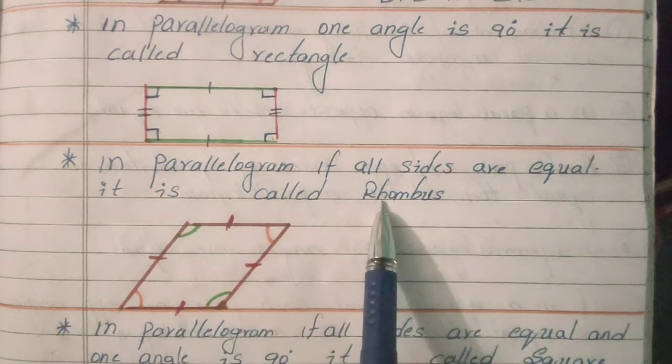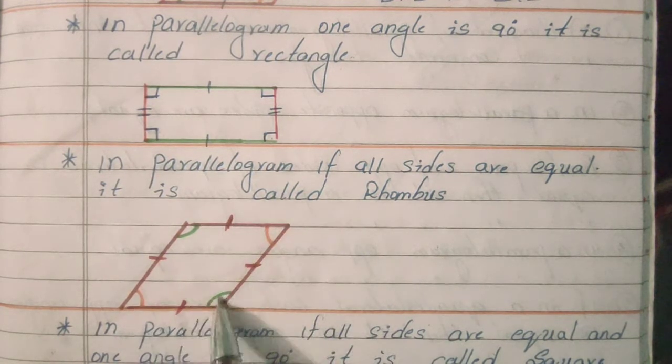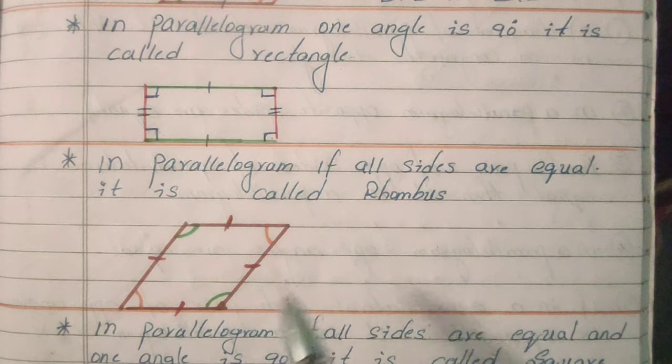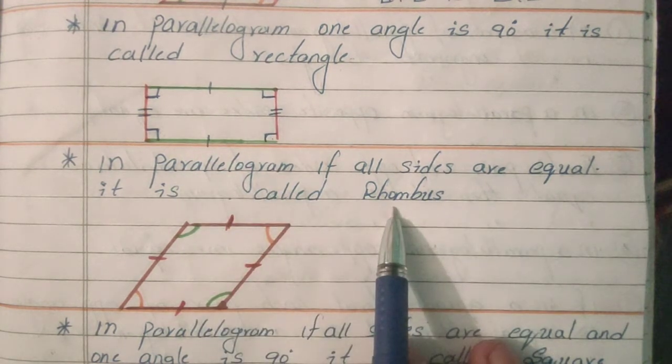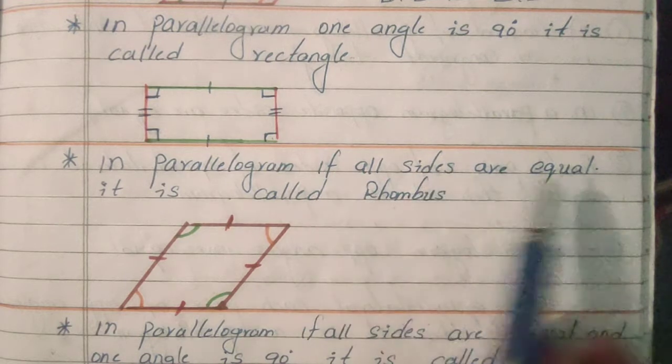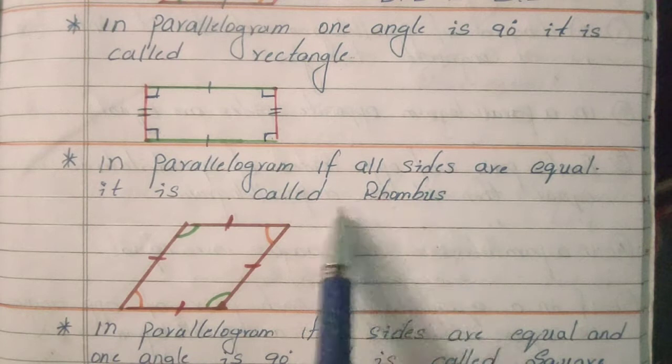A rhombus is also a parallelogram. Imagine this is a parallelogram. Opposite angles are equal, adjacent angle sum is 180. Then the parallelogram becomes a rhombus if all the sides of the parallelogram are equal.